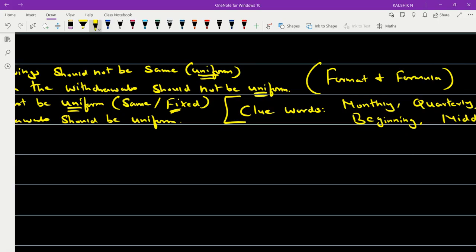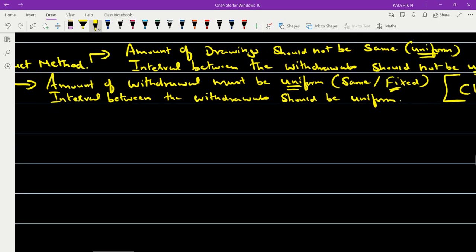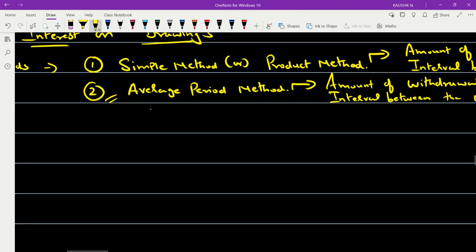Whereas for the average period method, you don't have a format, you have a formula and table value. Able to understand? Any doubt so far?